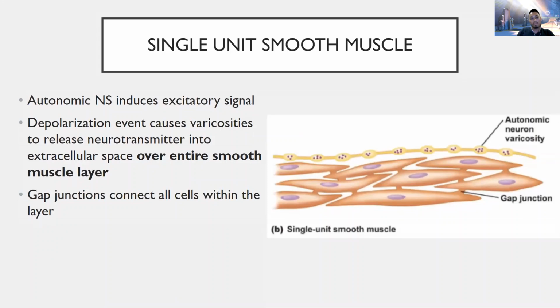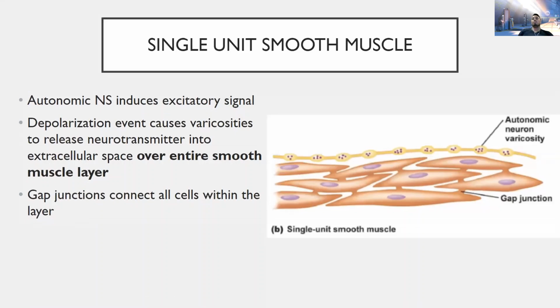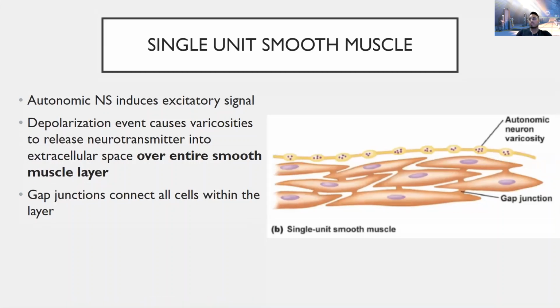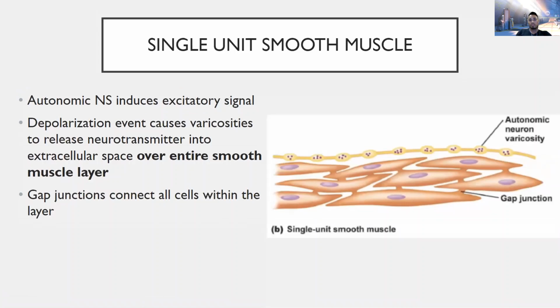entire smooth muscle layer, and they spread that neurotransmitter without really discriminating at all which area to spread it towards. We're going to see that's a bit more selective with the multi-unit smooth muscle, but with the single unit, we see the neurotransmitter washing over the entire layer with no difference in concentration.